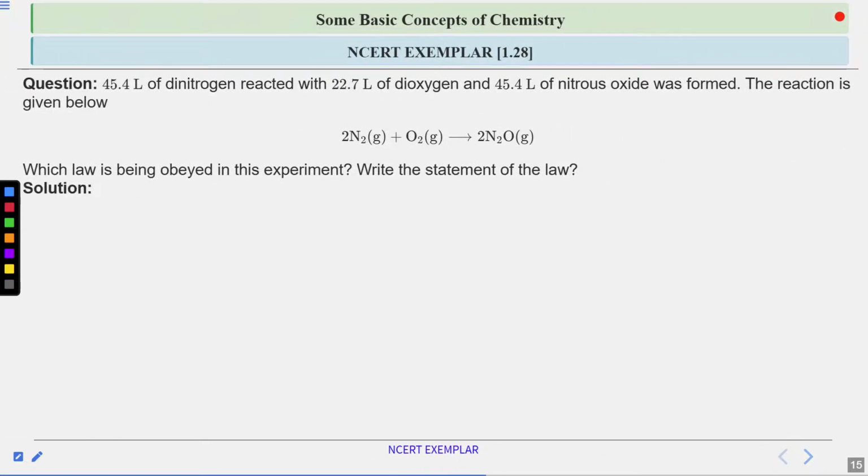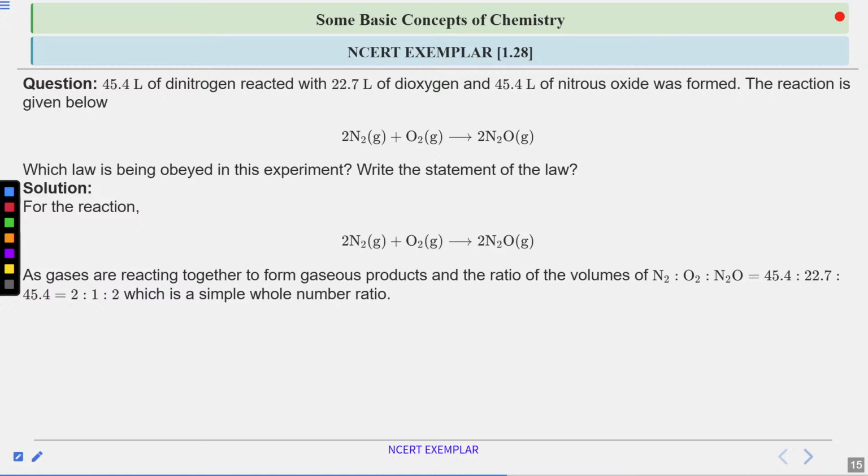Let's see how we can do this. This is your reaction, where 2 moles of nitrogen react with 1 mole of O2 to give 2 moles of N2O. In this you can see the reacting ratio, according to the given equation, is 2:1:2, which is 45.4:22.7:45.4.